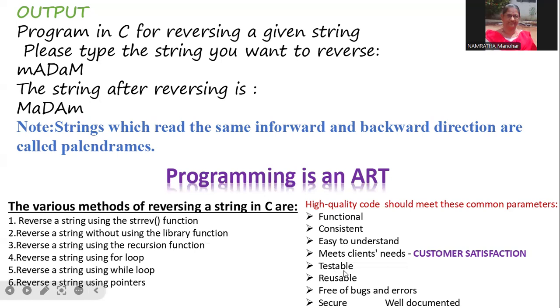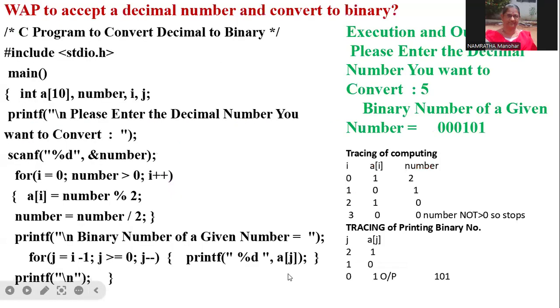Then it must be testable; you should be able to test that program. It should be reusable, extendable, free of bugs and errors, secure and well documented. So the alternative logic that you select to write a particular program, whether a small or big piece of code, should meet all these requirements.